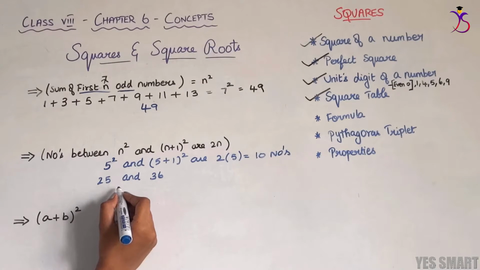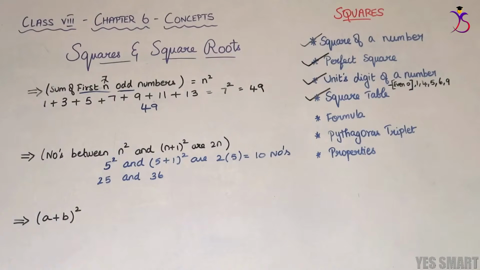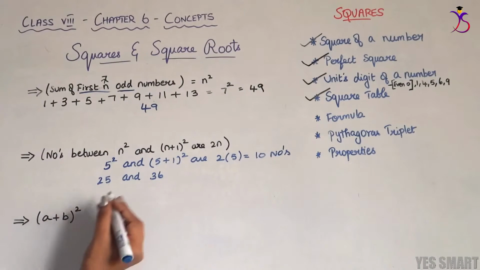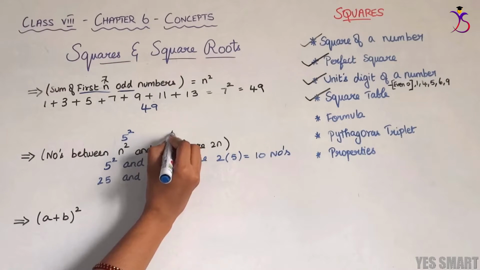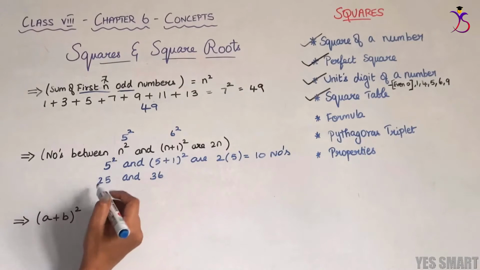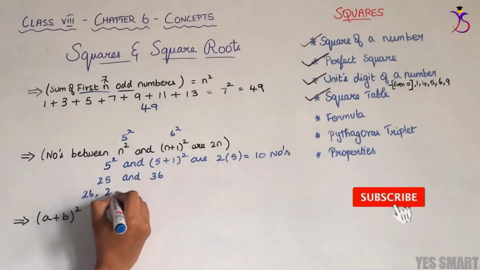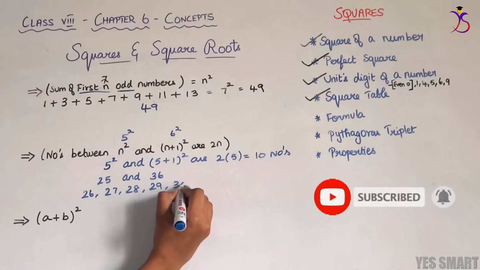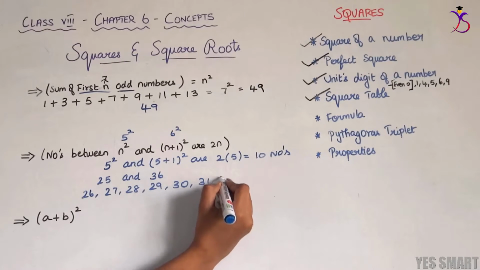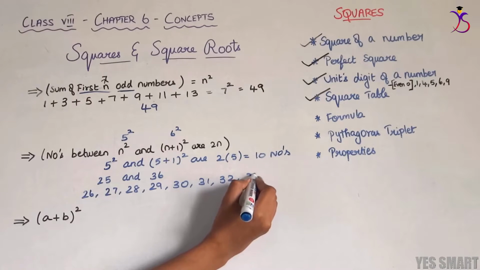Therefore, there are 10 numbers between 25 and 36. We can verify it by writing the numbers between these. I'm just writing n square as 5 square, and (n plus 1) the whole square is 6 square. So the numbers between 25 and 36 are 26, 27, 28, 29, 30, 31, 32, 33, 34 and 35.